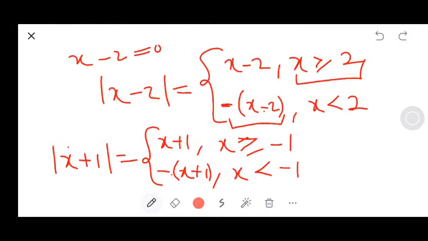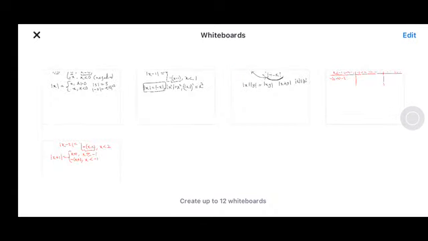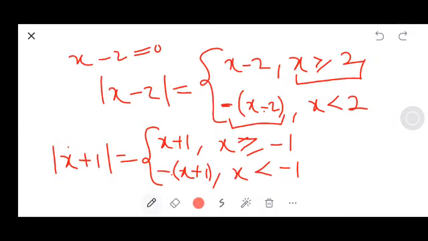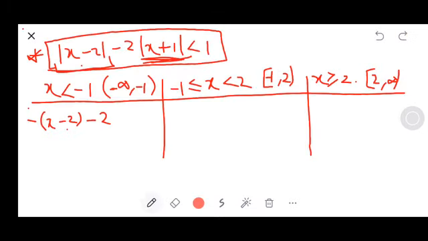So anytime we are in the region x is less than minus 1, absolute value of x plus 1 will be negative, and that is what we play out here. I hope everybody understands that.